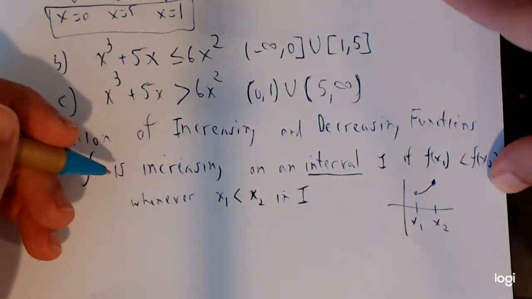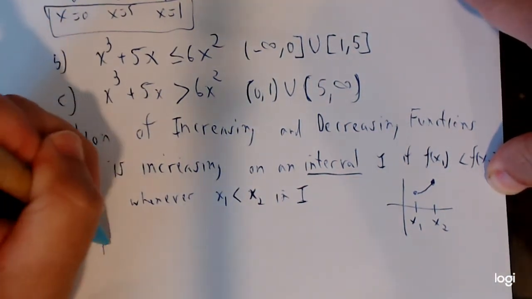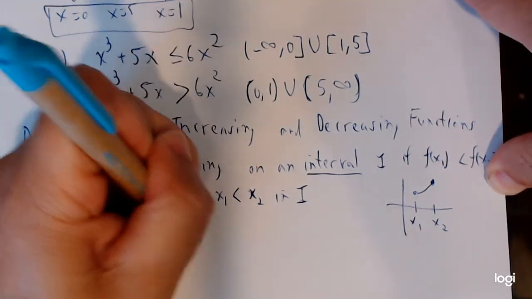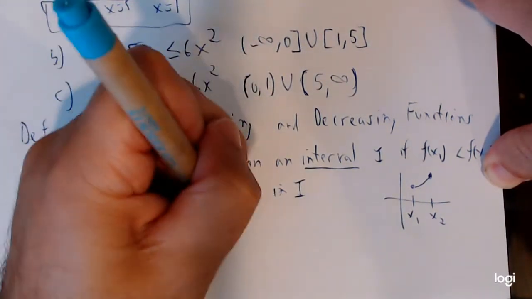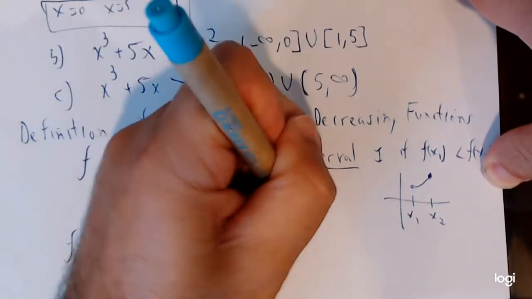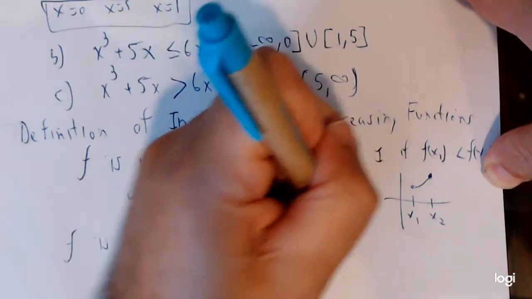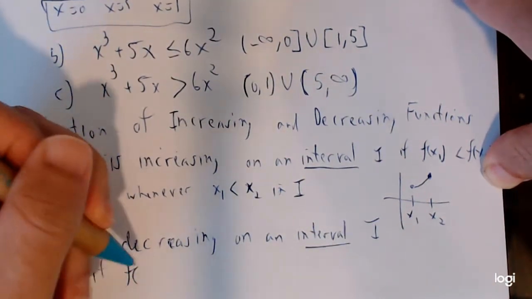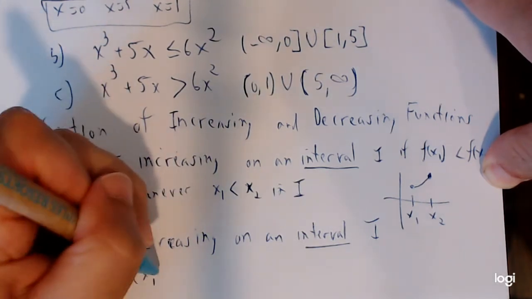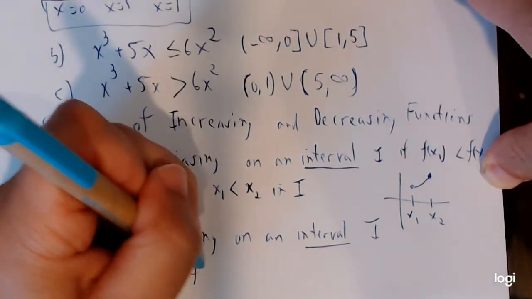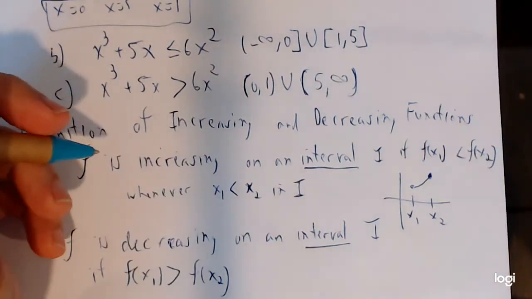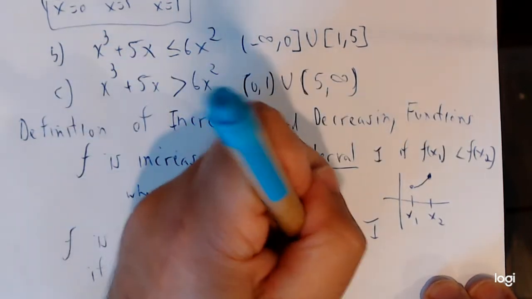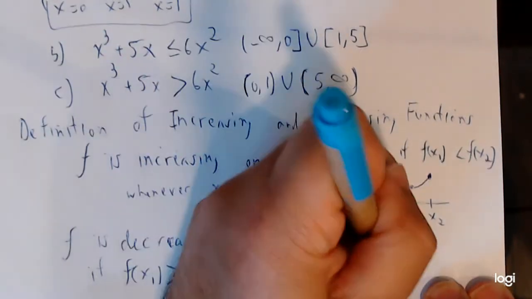So then we would say f is decreasing on an interval I if f of x sub 1 is greater than f of x sub 2 whenever x sub 1 is less than x sub 2 in that interval.